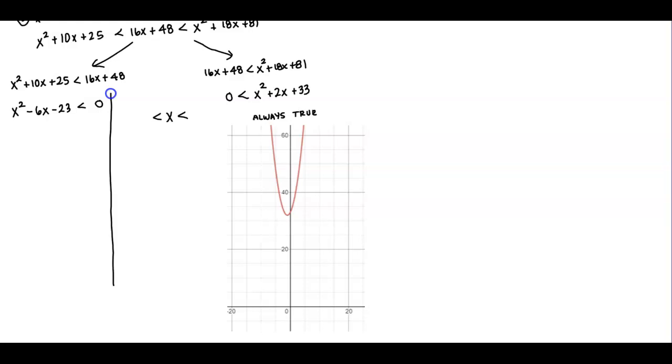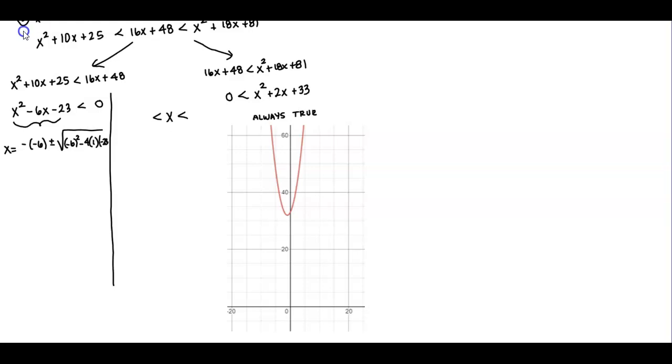So we have x equal to negative times negative 6, plus or minus the square root of b squared minus 4ac. So we have negative 6 squared minus 4 times 1 times negative 23.